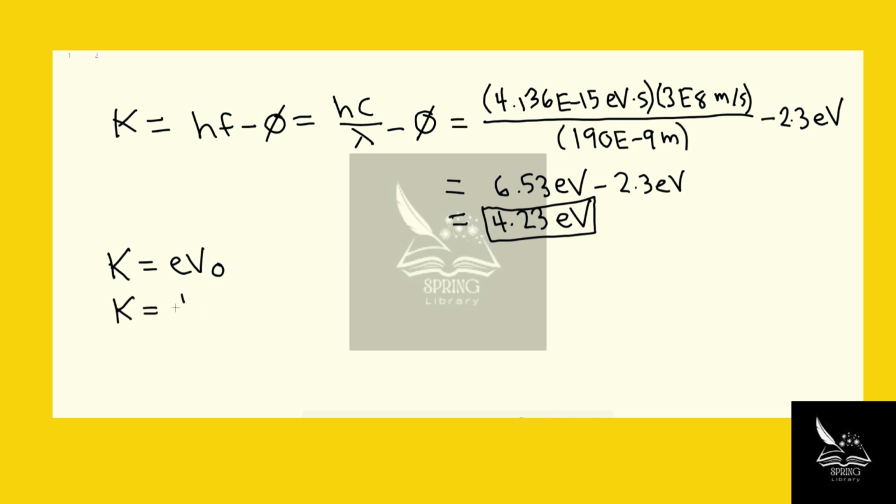We know, of course, that kinetic energy is 1/2 mv squared using mass and velocity. So now we can solve for v first of all. v is going to be simply equal to the square root of 2K over m.